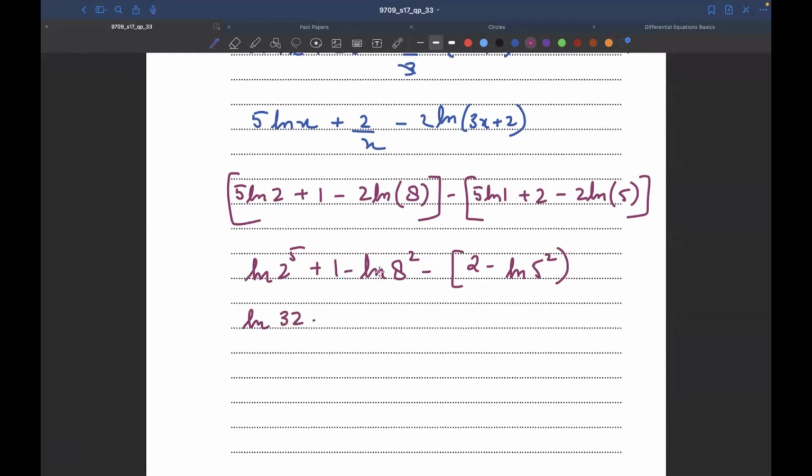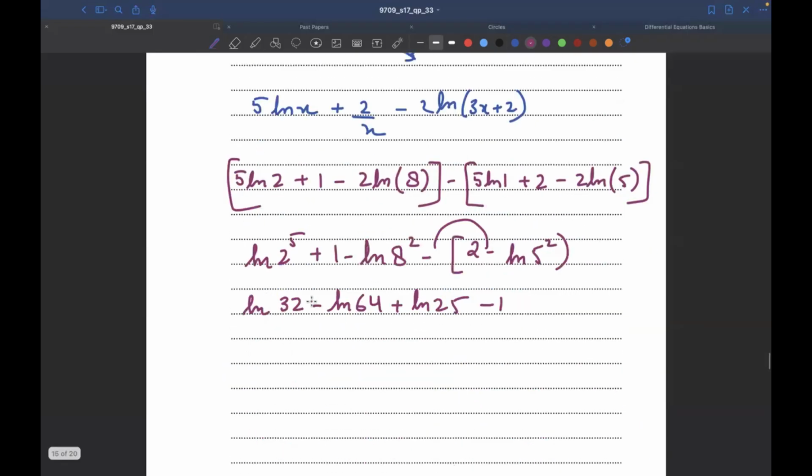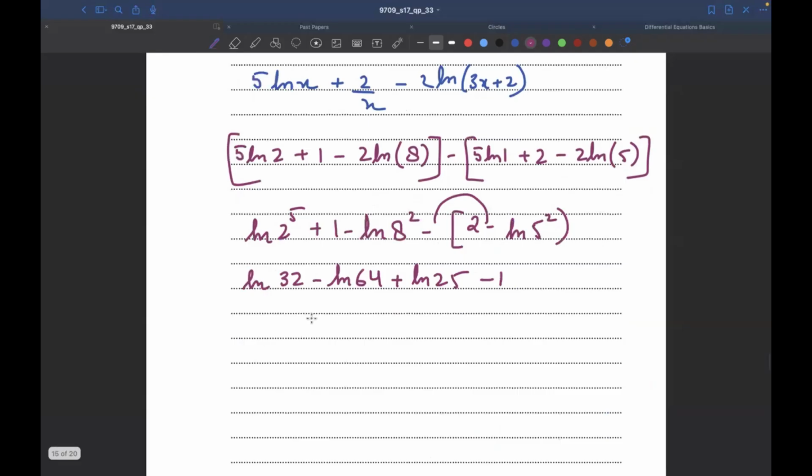And we can now put the ln terms together. So this will be minus ln of 64. This will become minus minus plus, so that will become plus ln of 25. And 1 minus 2 will be minus 1. Now simplifying this, it is dividing over here, and ln 32 and 25 are positive, so we can write it as ln of 32 times 25 divided by 64, minus 1.